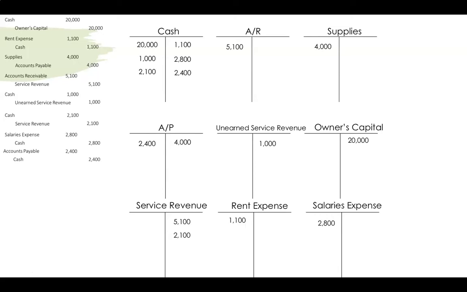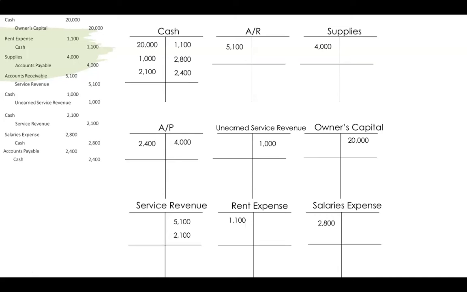So when we work through that for all of these accounts, we'll see that cash ends up with a debit balance of $16,800. Right? We add up the 3 debits and we subtract our 3 credits. Again, accounts receivable is just that $5,100. Supplies is just that $4,000.